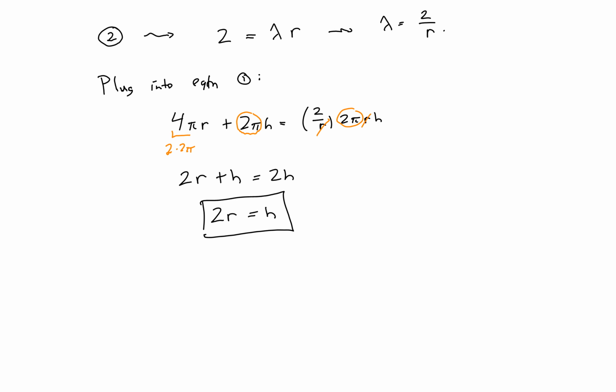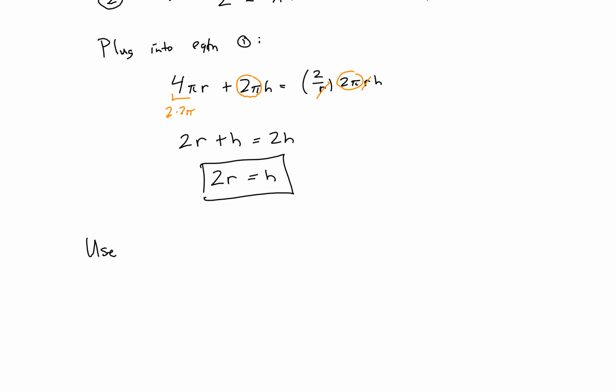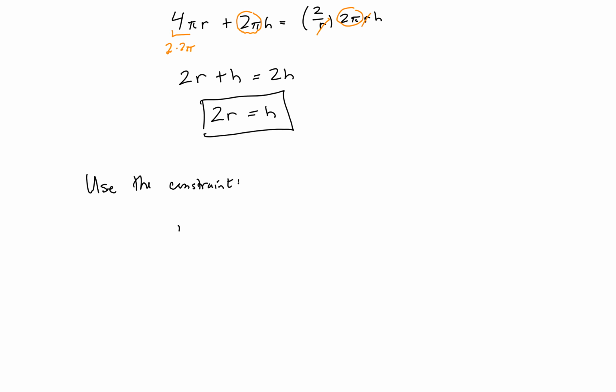And now we'll use our constraint, just like we did above. So I know that pi r squared h has to be equal to 100. So h has to be 100 over pi r squared. But we also know h is equal to 2r.